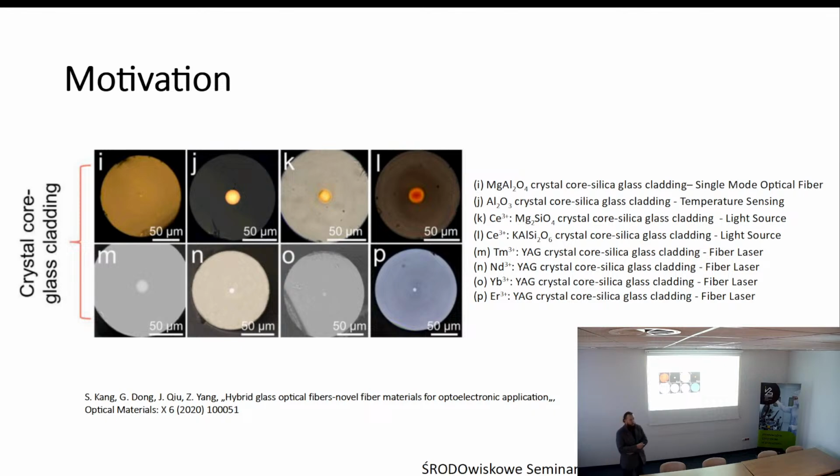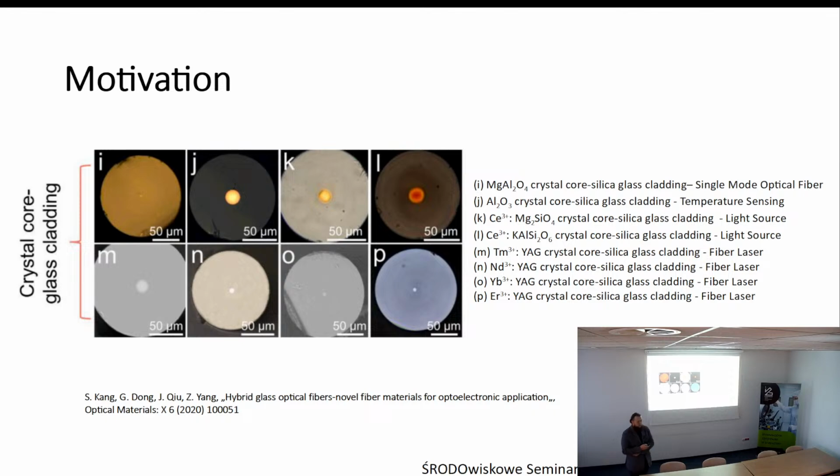And we can use crystal properties in our fibers. As you can see on the presentation, mostly we use garnet crystals because we can have laser action. But of course we can use this kind of fibers for sensing, as a light source.